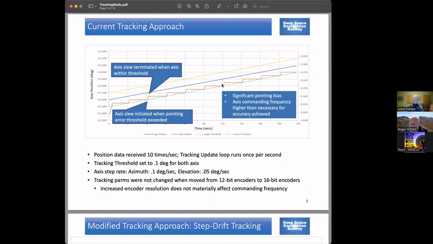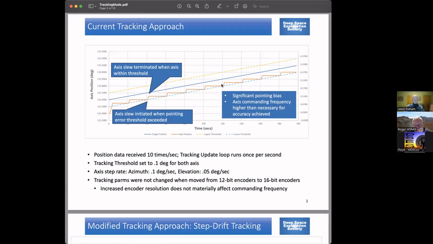If, when we powered the axis on, it went farther toward the target trajectory, or even beyond, then the drift phase would last longer, and that would reduce the commanding frequency. Commanding frequency has been a concern with respect to wear and tear on the mount. So that's the current approach.